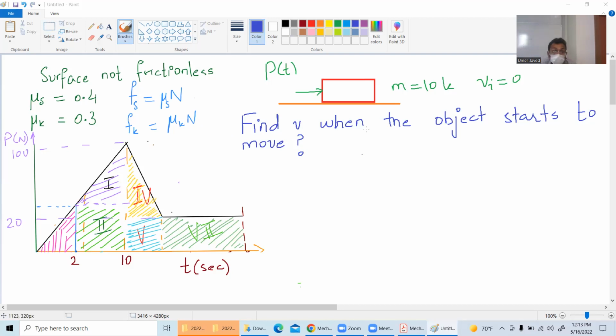So this means that I have to find the friction force that comes out to be 0.4 into 98.1, which is equal to 39.24 Newton.